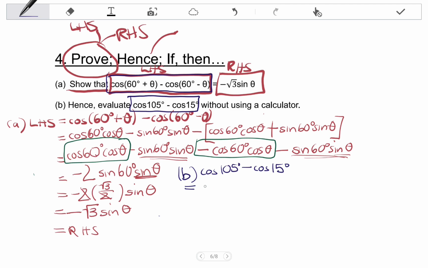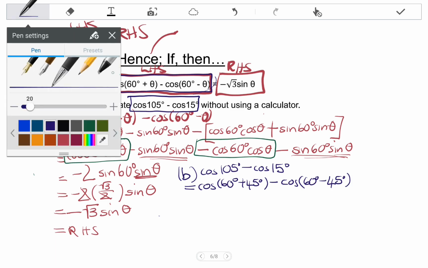Okay, this is the same as cos 60 degrees plus 45 degrees minus cos. Now in the second term, if we look back at A, I have to write it as 60 degrees minus an angle. Now 60 minus what gives me 15? 60 minus 45.